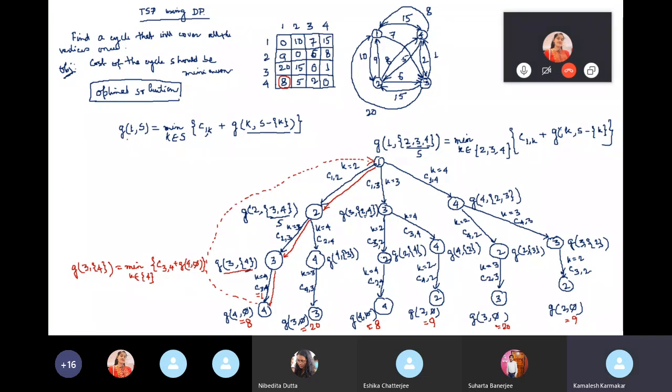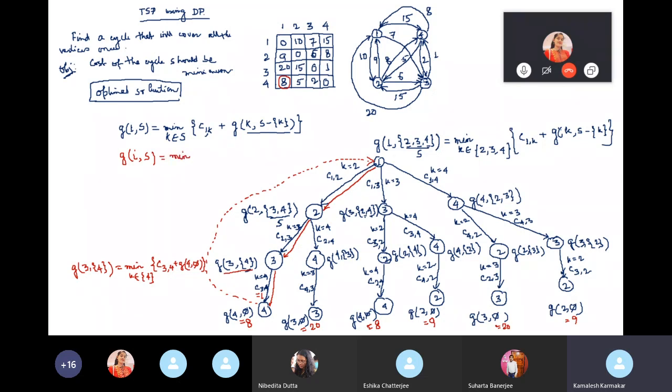If we generalize this equation, instead of starting from 1, if we start from vertex I and we have to visit all the remaining vertices S, then what will be the value of this?